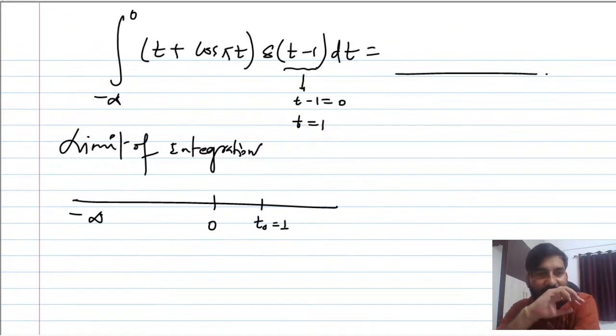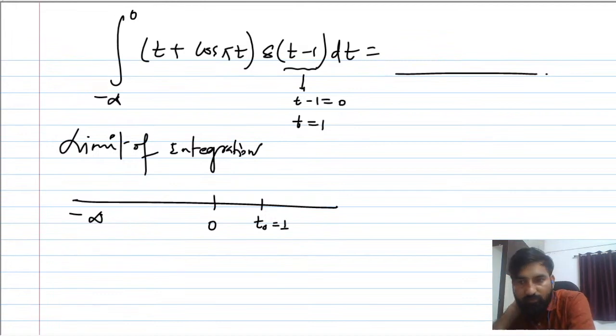So what is the answer here? Can somebody answer this question? What will be the value of this integral from minus infinity to 0, t plus cos pi t? Tanishq, that answer is 0 only, because 1 plus cos pi was there.